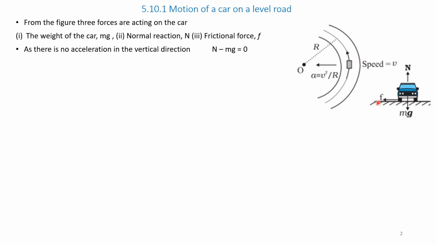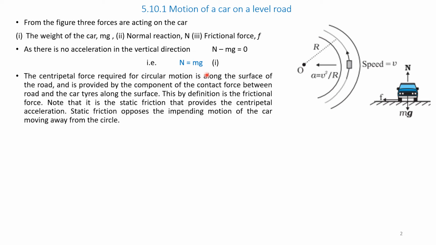As there is no acceleration in the vertical direction, for vertical equilibrium of vertical forces, N minus mg equals 0. That is, N is equal to mg. Let it be equation 1.